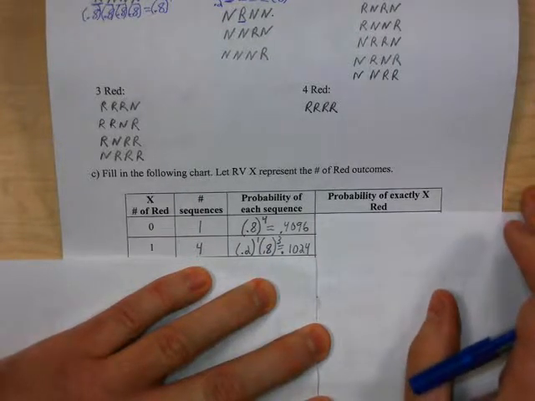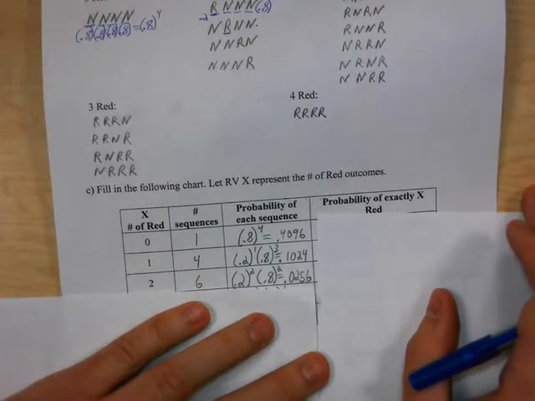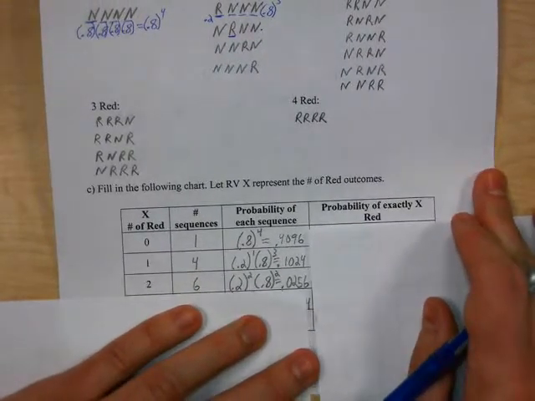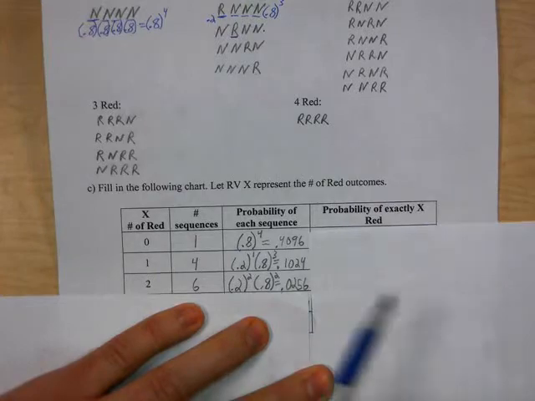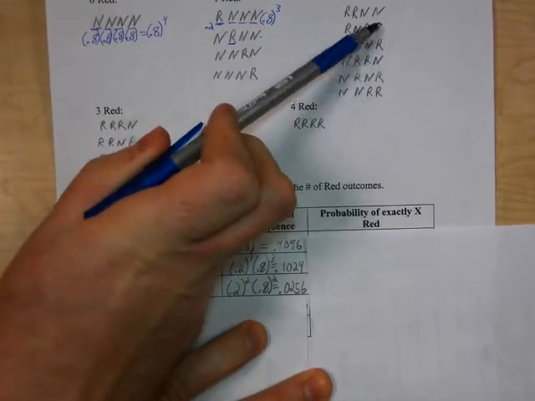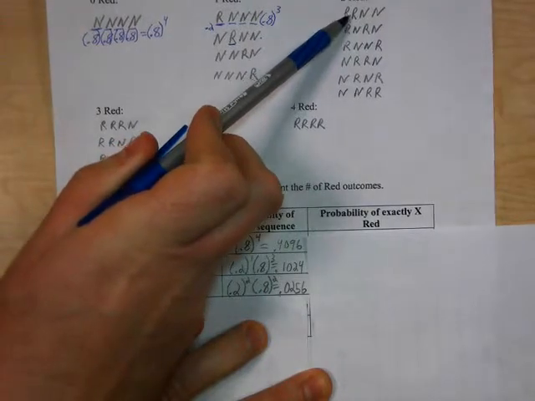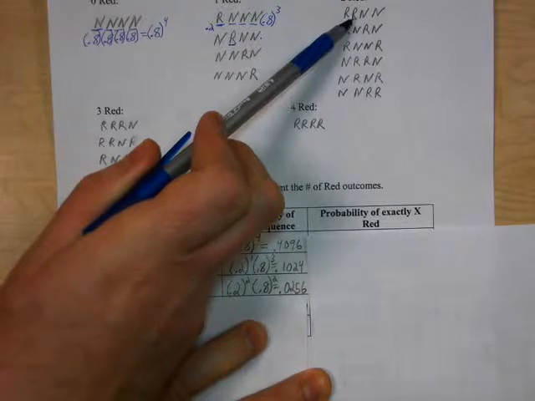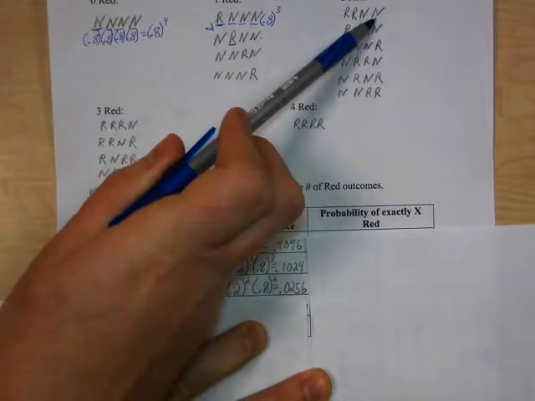As you work your way down this, sorry, I'm trying not to have it too overwhelming here. The next one, there were 6 ways to get 2 red. So when we look up at the top here, red, red, not red, not red, what you would have is 0.2 twice and 0.8 twice.